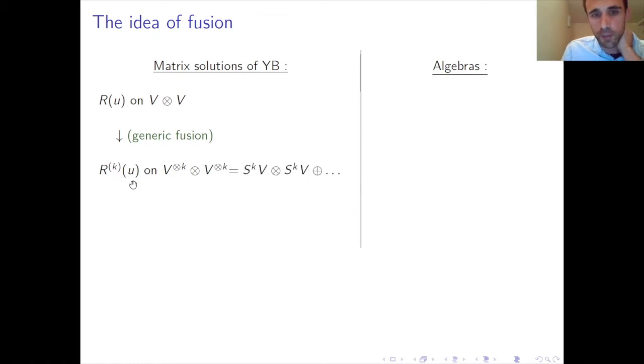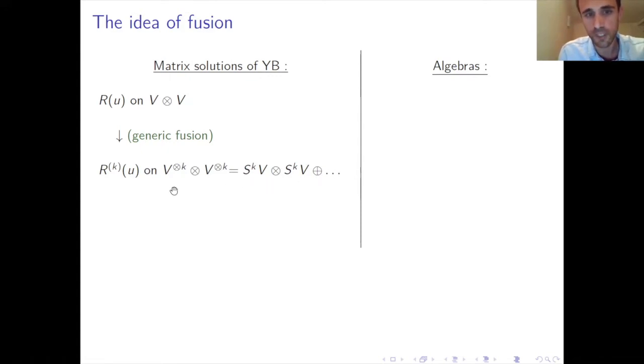For me, the important point is the following. We don't really want a solution on this huge space. What we want is to get a solution on this more interesting space. And it turns out that inside this big space, there is a subspace like this, plus many other different representations appearing here that we don't really want.